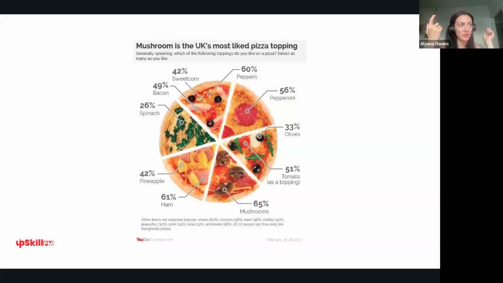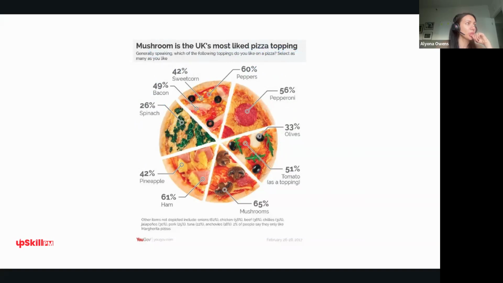The percentages are off. Like, how many hundreds are we talking about? Because it's definitely not summing to 100%. 26% spinach is the same as others. Yeah, exactly. And then if you calculate together, it's like 200-300%. But see, their message is mushroom is the UK's most liked pizza topping.